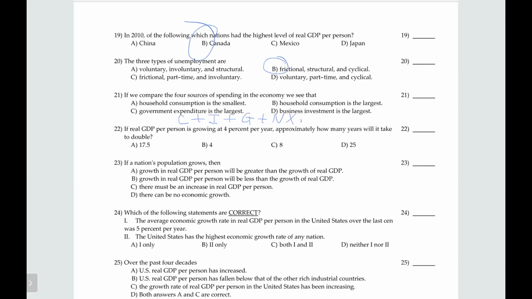And again, this is basic facts regarding our macro economy. For the United States, and for most countries, C is the largest. And for the United States, usually NX is negative. Right? So 21, the answer is B.